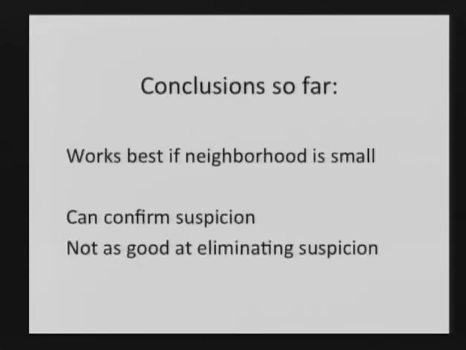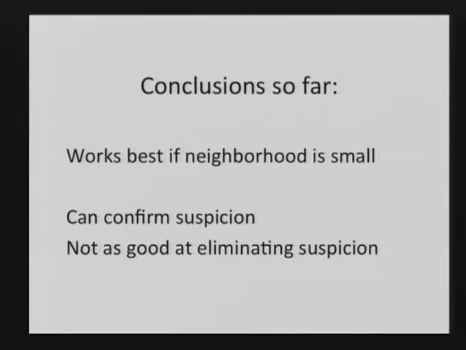Okay. So the conclusions so far that we can get from this are really two. One is that this kind of contact chaining analysis works best if the notion of near neighborhood that we're using is small, is relatively tight. It needs to be big enough that Bob and a known bad guy have a substantial chance of stumbling into proximity to each other through bad tradecraft or because they move in the same social circles.